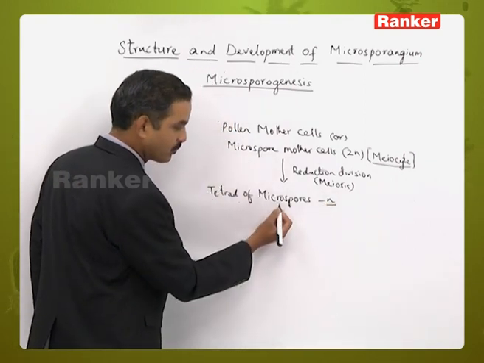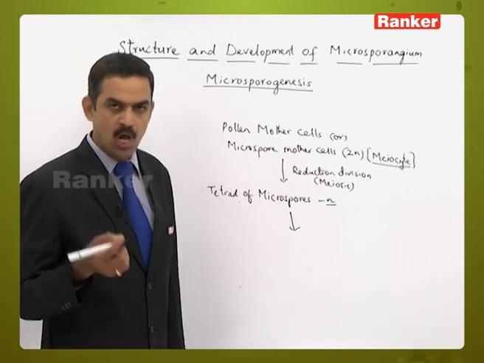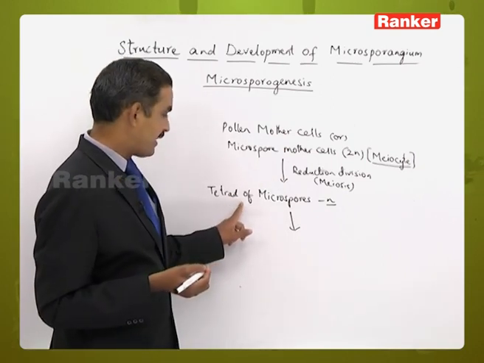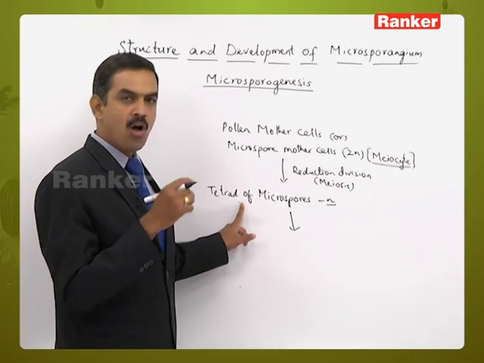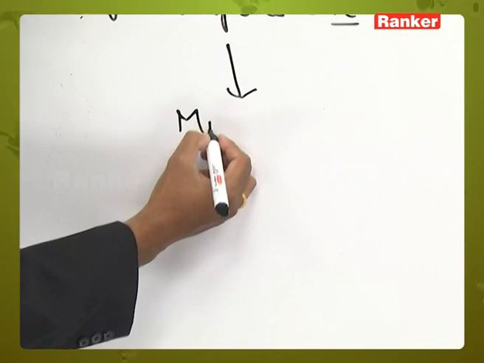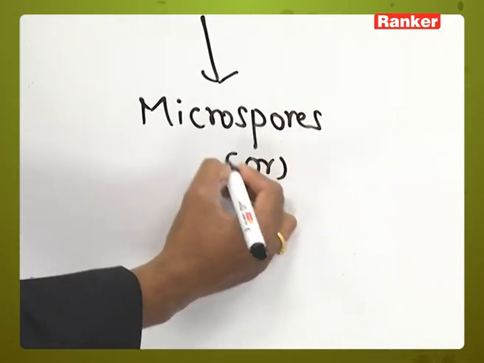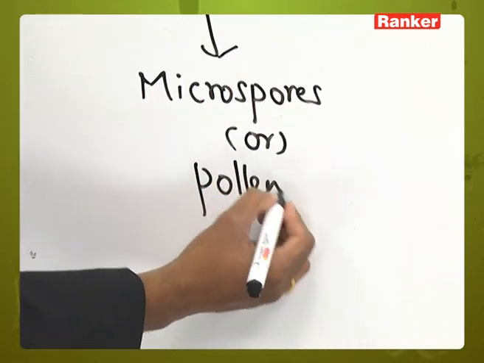So, 4 microspores are formed, and when the callose is gradually dissolved, what happens is, from this tetrad all the 4 microspores are separated from each other, and they are now called individual microspores, or we can also call them pollen grains.